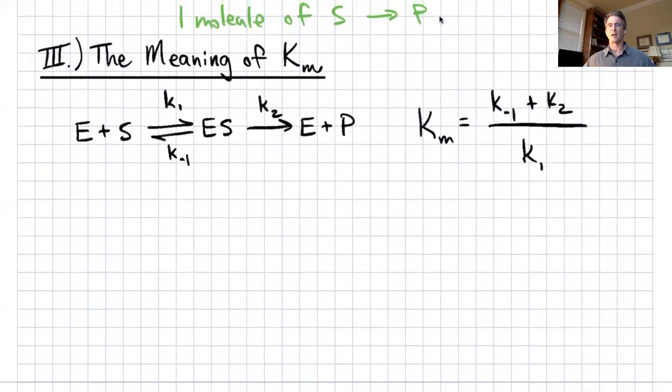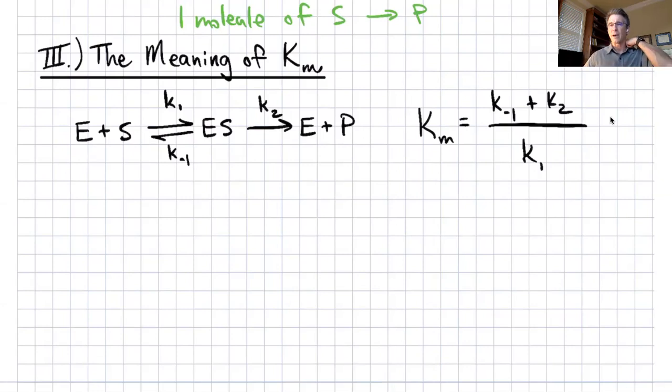So an important additional way to think about this, and one of the reasons I point out why you have to be careful, is that the simple-minded way to think about Km as a binding constant for the enzyme to the substrate can get you into trouble.